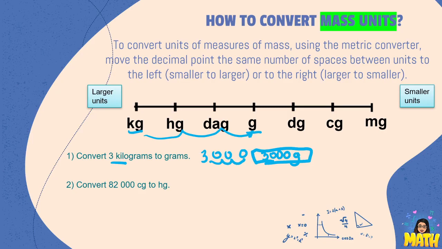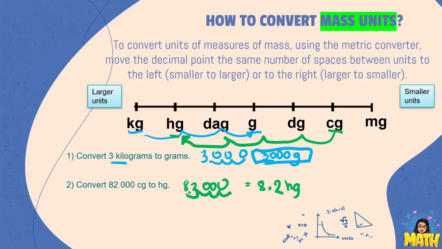So from centigrams to hectograms, 4 to the left. So from 82,000, 4 spaces to the left, 1, 2, 3, 4. That will give us 8.2 hectograms. So no need to put 0 here because it has the same meaning.